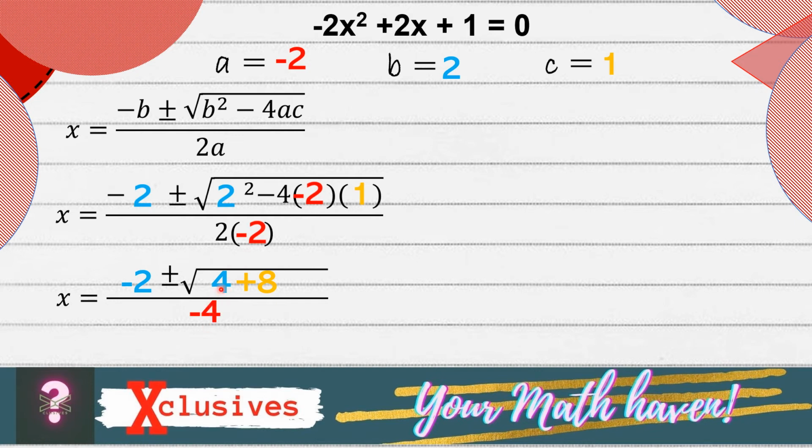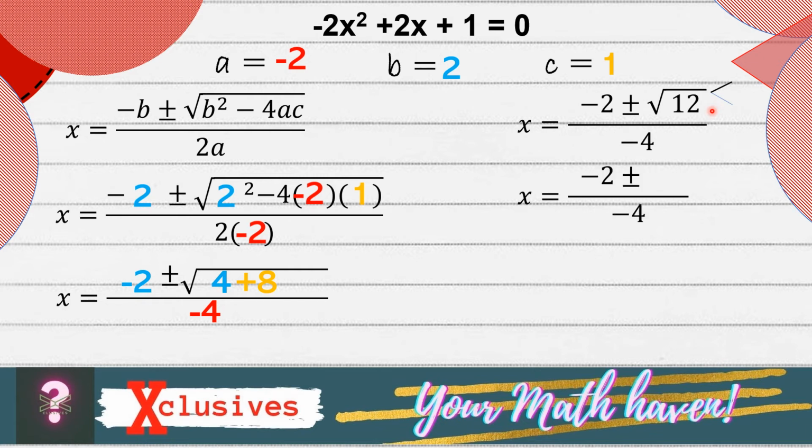Now we can add 4 plus 8, that is 12. Remember, 12 is not a perfect square number, but we can factor 12 to get a perfect square number. And a factor of 12 that has a perfect square number is 4 and 3.